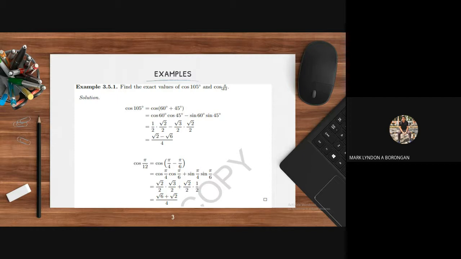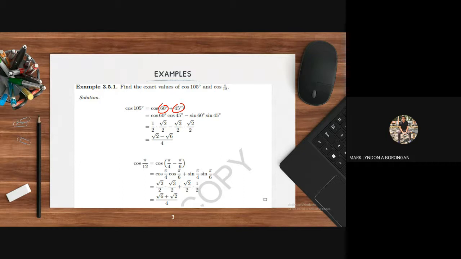Ang atong 105 degrees can be broken down to two angles which are 60 degrees and 45 degrees. Diba? If i-add nimo ang 60 og 45, you'll just get 105.